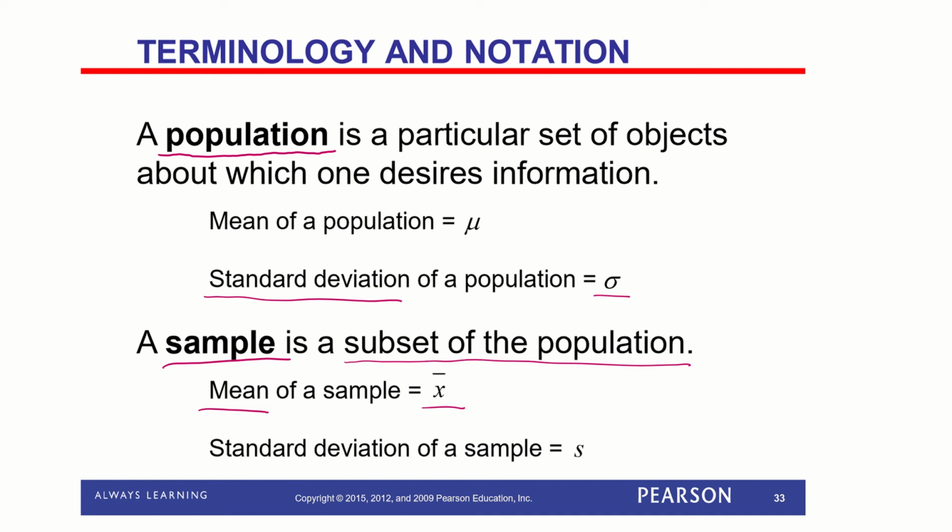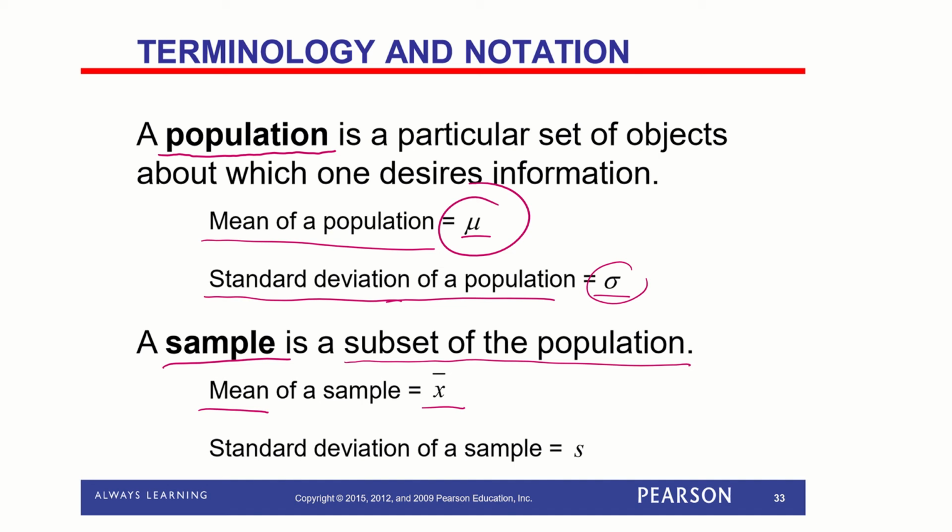It gets a little bit mixed up and a little bit more defined in this section. So the mean of the population and the standard deviation of the population are represented by these symbols. This is mu right here, the Greek symbol for the mean of the population. And then sigma represents the standard deviation of the population.